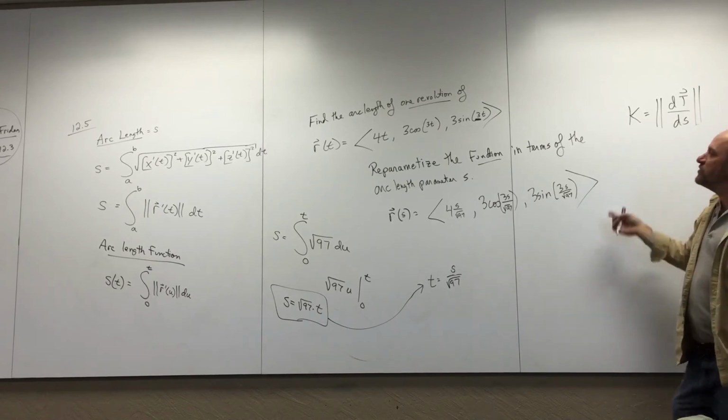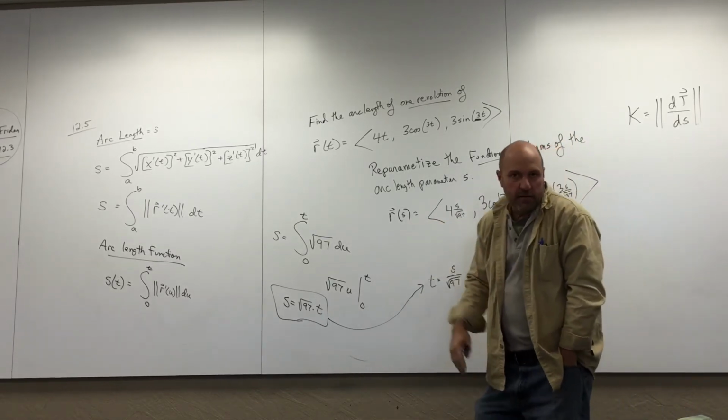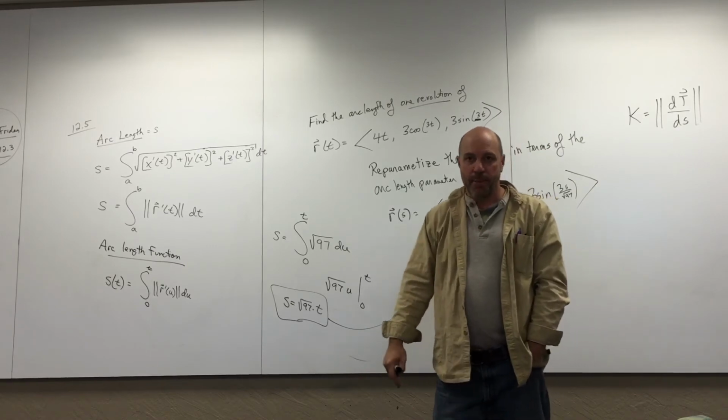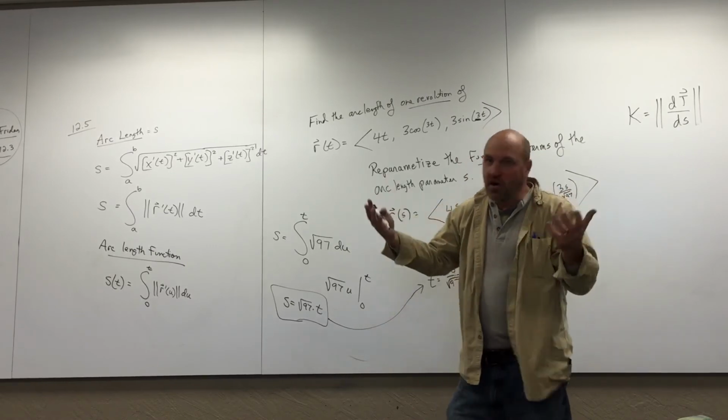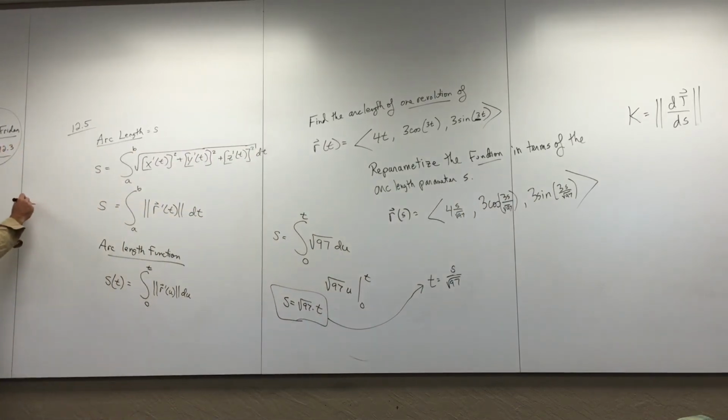See, once you change the parameter into s, all my formulas that have r of t, well, guess what? Now I can have r of s, and it means something. s is the arc length parameter.